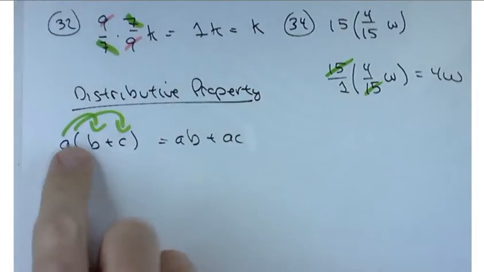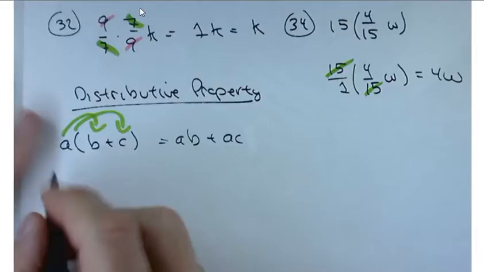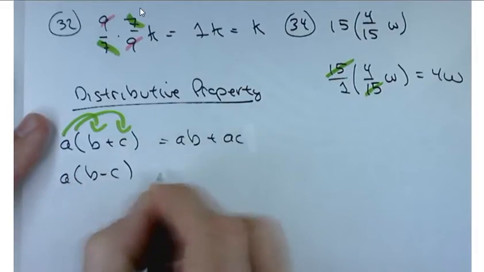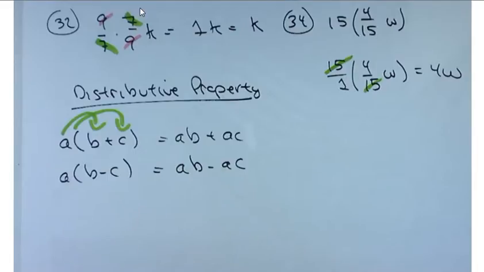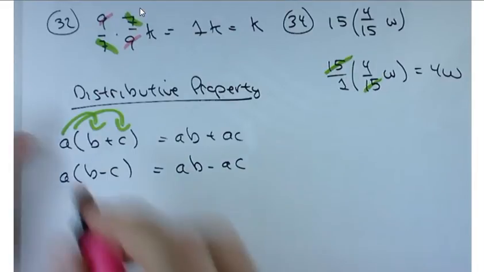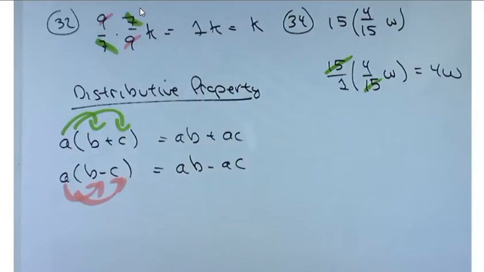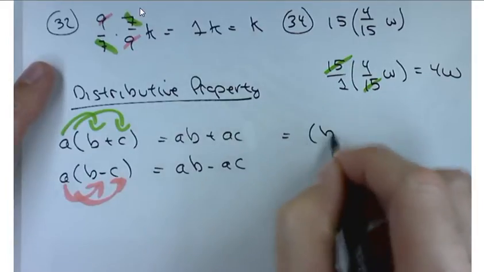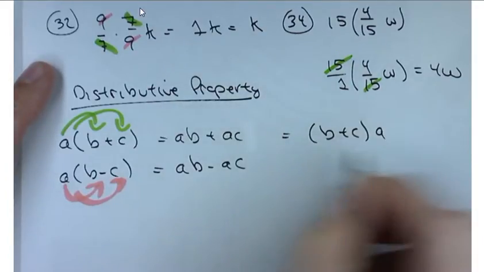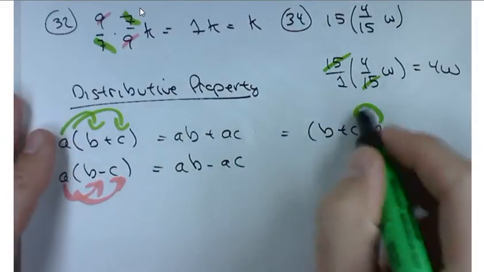If I have a times b minus c, then it'd be similar: ab minus ac. But that term is going to distribute itself to both of the expressions on the inside. Nor does it really matter if I write the a out in front or if I write the a in back. I can write b plus c times a. And again, you're still going to distribute.